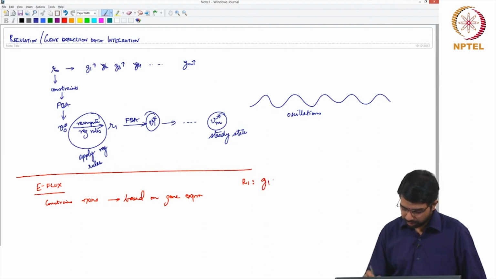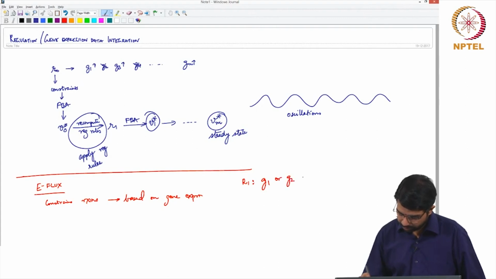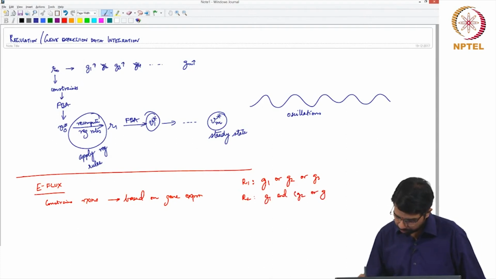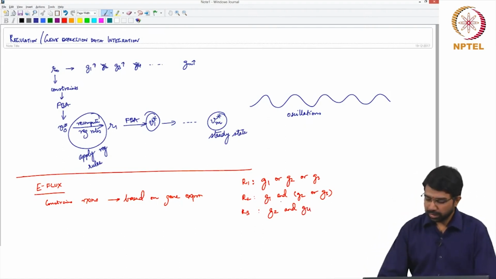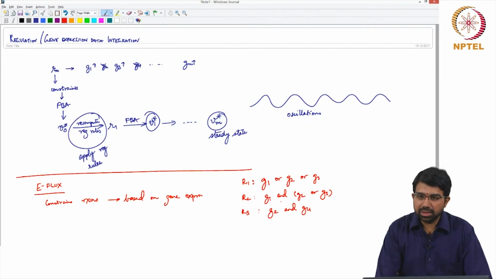It will look somewhat like this: R1 is G1 or G2 or G3, R2 is G1 and G2 or G3, R3 is G2 and G4, right. So, how would you translate these into constraints?